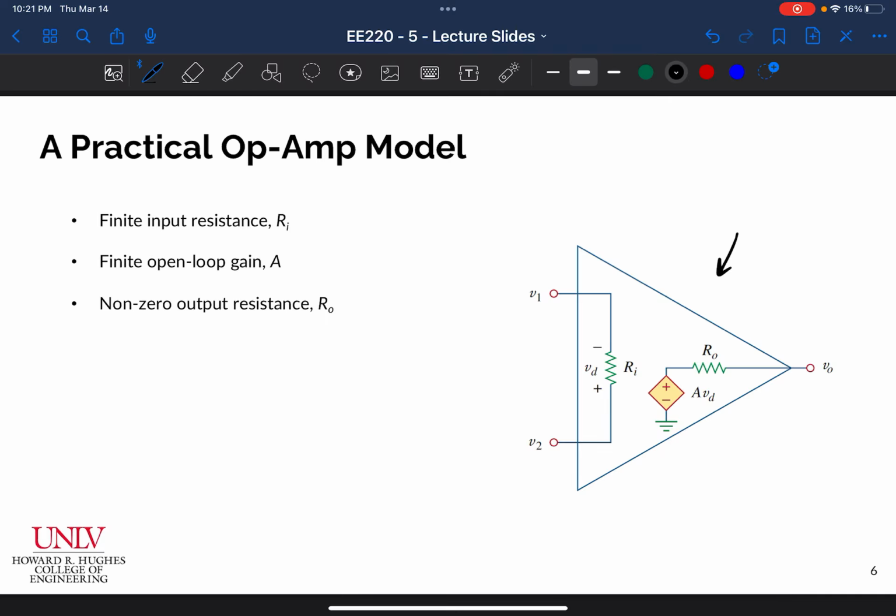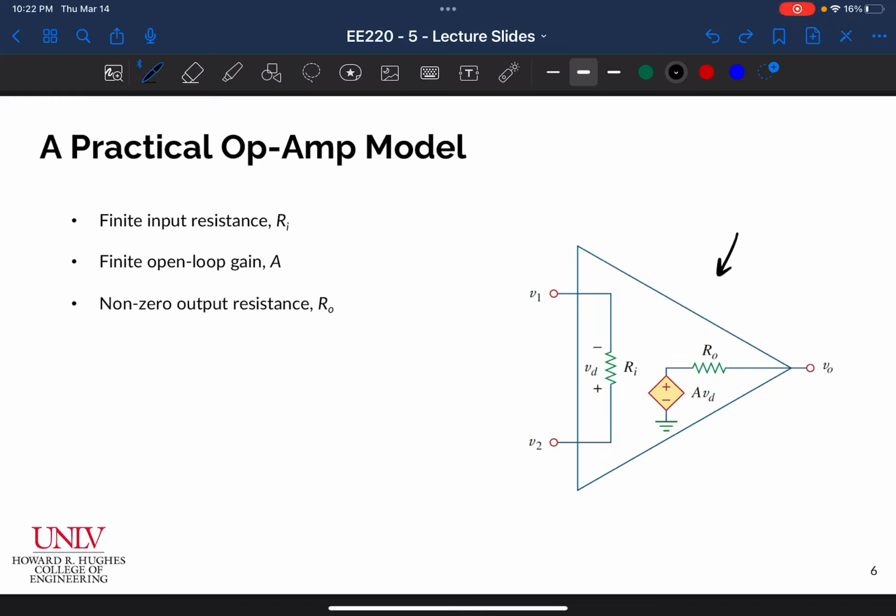Let me first talk about what would happen if this resistance were infinite. If it were infinite, I would not be able to get any current flowing through this resistor. There would be no current flowing. The resistance would be way too large. It's infinite, and what that means is there could be no voltage drop across this resistor.